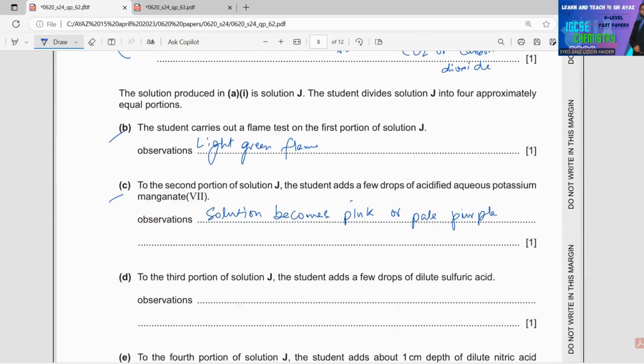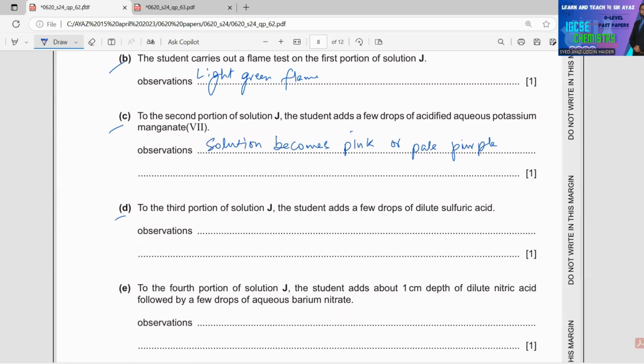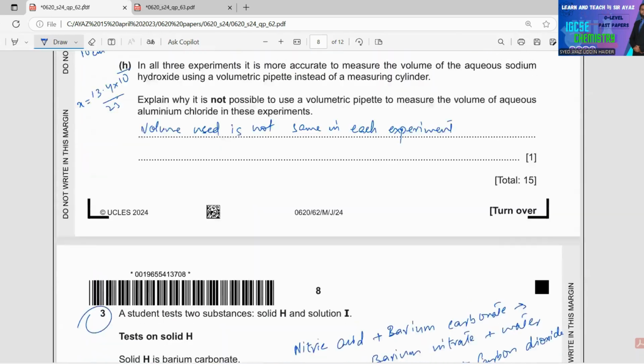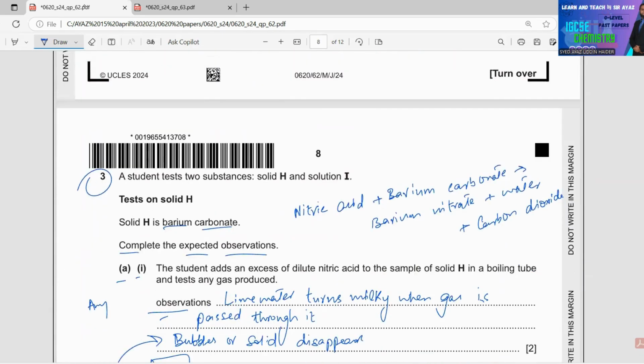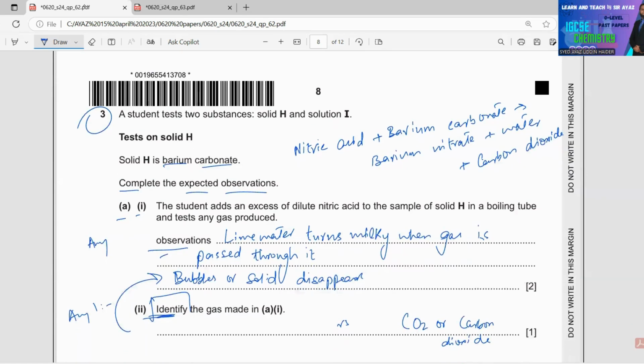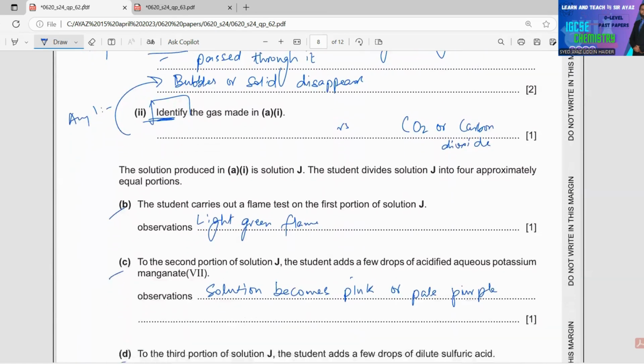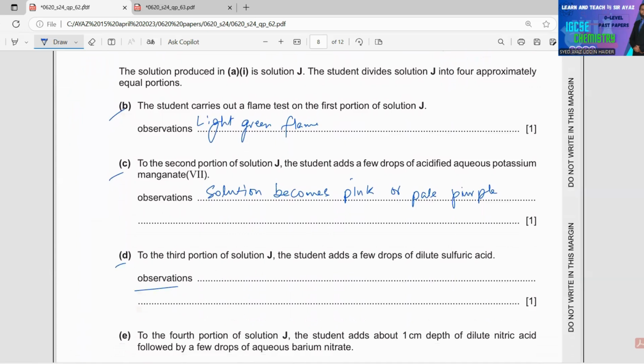Moving to next part, which is part D. To the third portion of solution J, the student adds a few drops of dilute sulfuric acid. Observations. So you see here, it's containing barium carbonate. So barium carbonate will react with sulfuric acid, producing barium sulfate, water plus carbon dioxide.